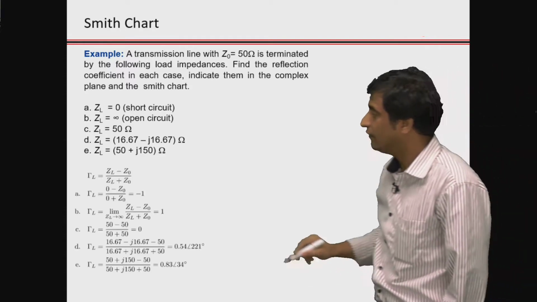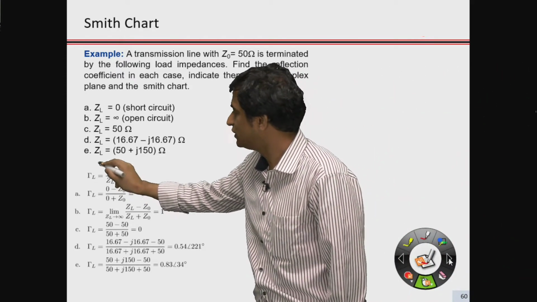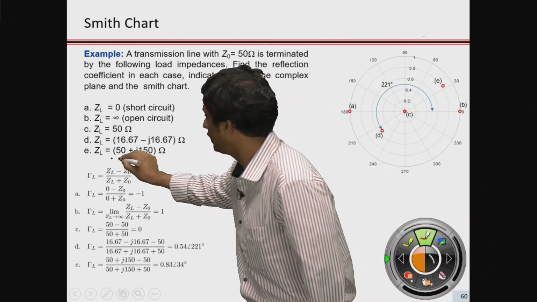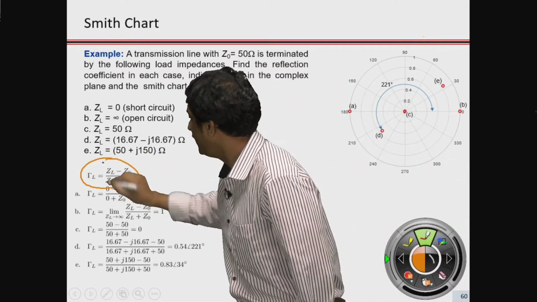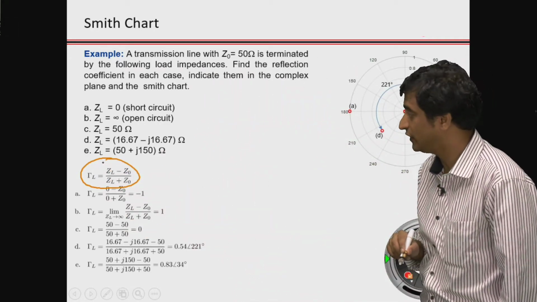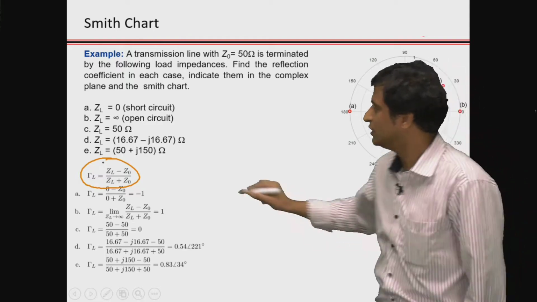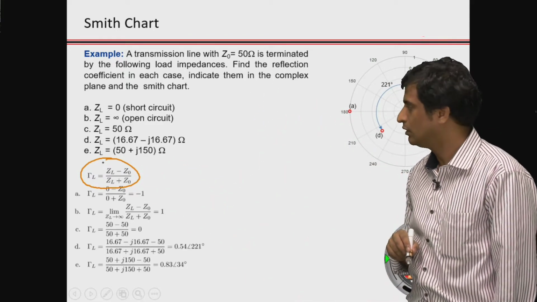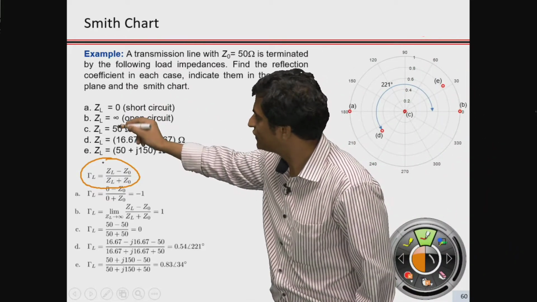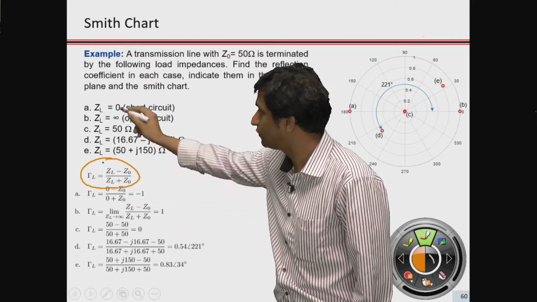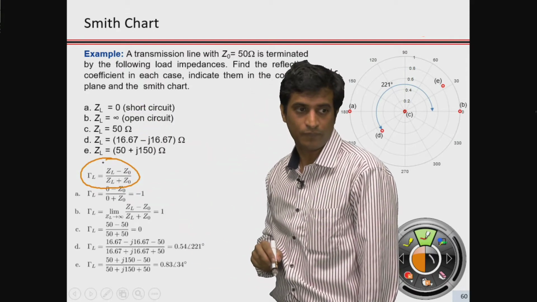To do this analytically, we have this equation, relating the load impedance to the reflection coefficient as ZL minus Z0 over ZL plus Z0. So for these five different impedances, all that remains is to simply substitute the corresponding given load impedance value.